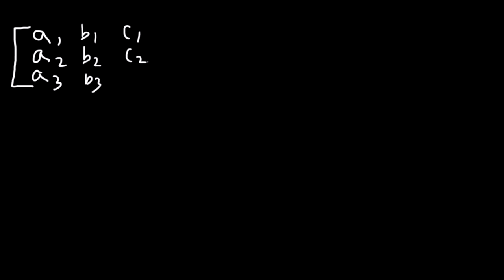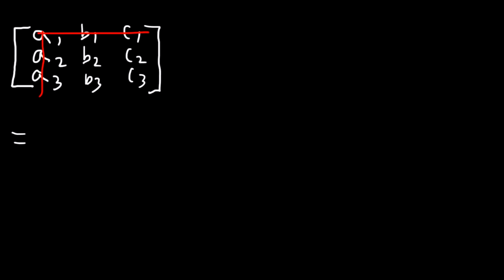Now what about a 3 by 3 matrix? So let's say this is A1, A2, A3, and then B1, B2, B3, C1, C2, C3. So let's go over the formula first. The first thing you want to do is get rid of the first row and the first column.